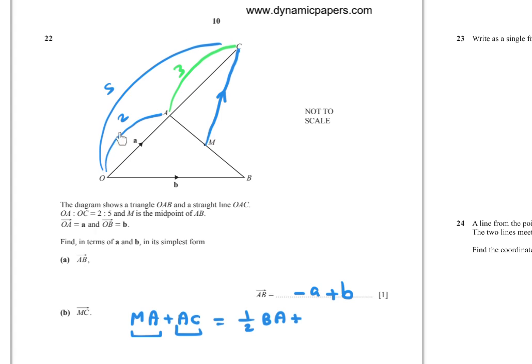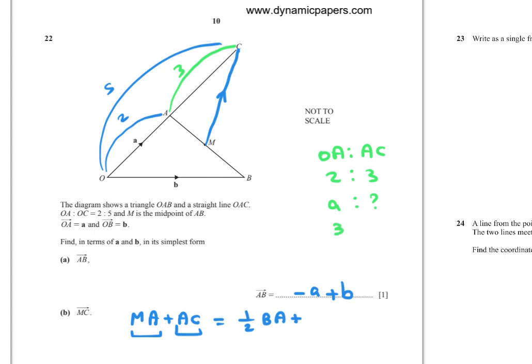We have OA equals A. The ratio between OA and AC is 2 to 3, and OA is vector A, so we can find AC in terms of A. Cross multiply: A multiplied by 3 divided by 2. So AC equals A multiplied by 3 divided by 2.